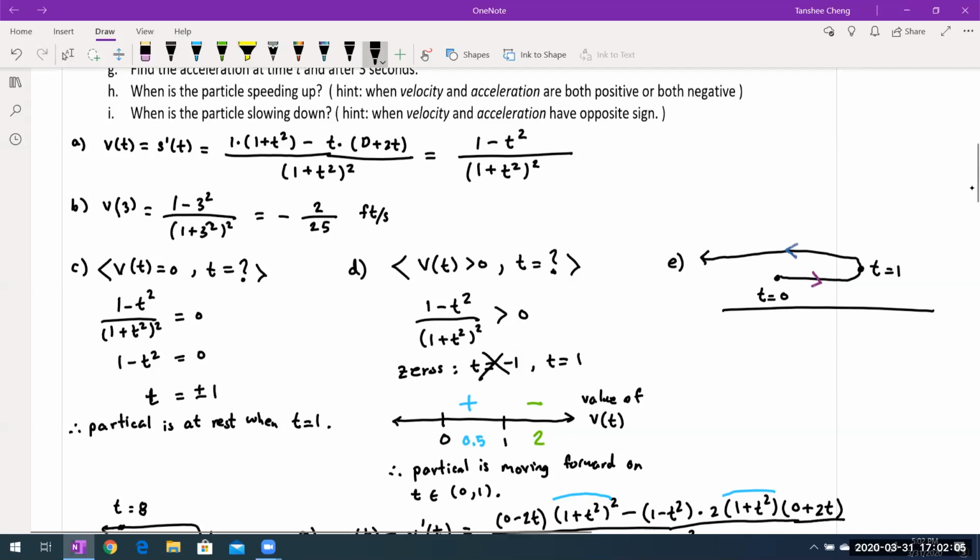The particle is speeding up when the value of the velocity function and the acceleration function are the same sign, meaning they both are positive or they both are negative. That is what I mean by the particle speeding up.